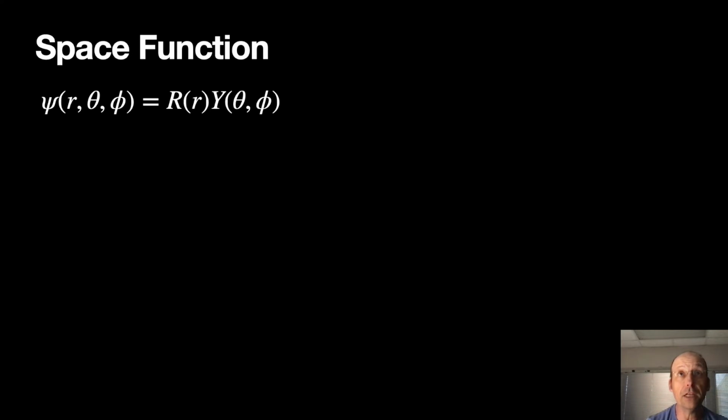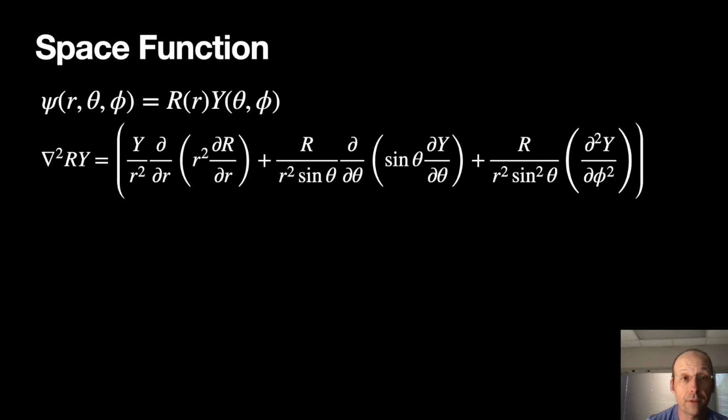Now let's go to our space function. There's our space function. We're going to assume actually that the space function is also a product of two functions: a function that only depends on r and a function that depends on theta and phi. And if I put that function, R times Y, into my Laplacian, you see what happens is that this first term only depends on r, so I can pull Y all the way out the front.